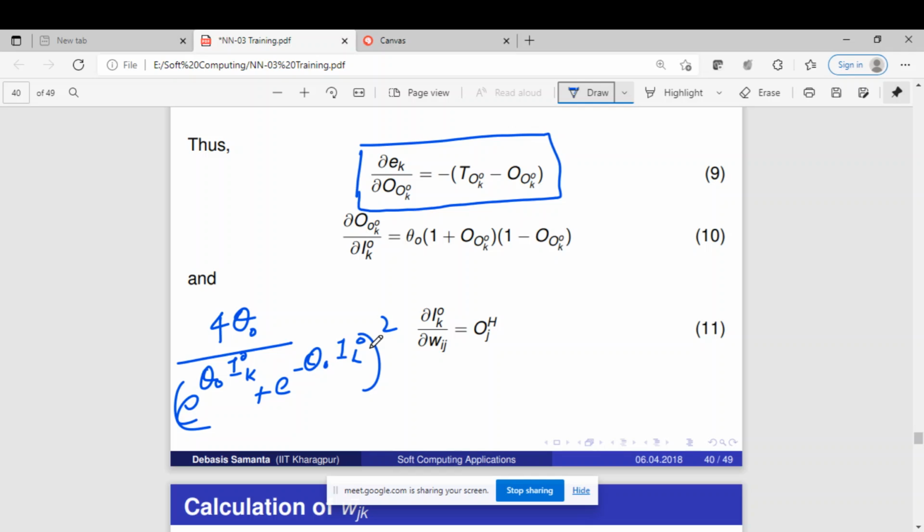in some other terms also. Say for example, what we are going to do is keep this equation as it is, and to this equation we are going to add e power theta naught ik plus e to the power minus theta naught ik the whole square, minus e to the power theta naught ik minus e to the power minus theta naught ik the whole square.